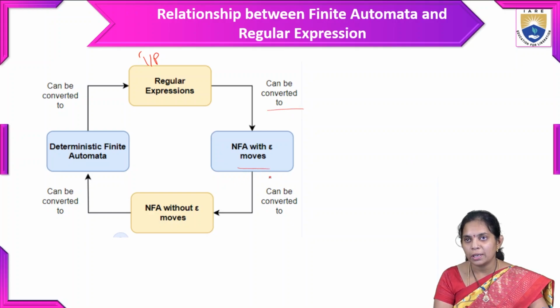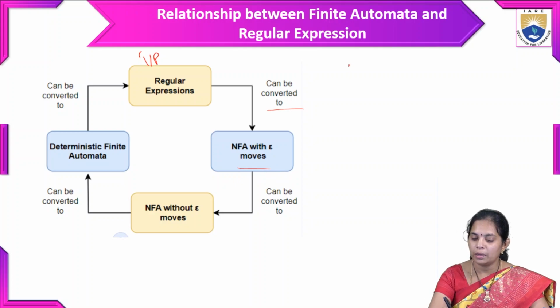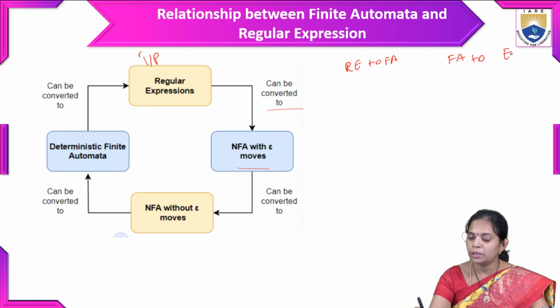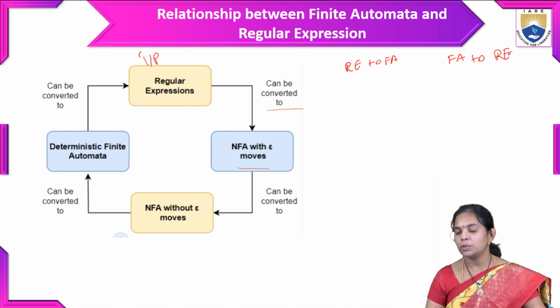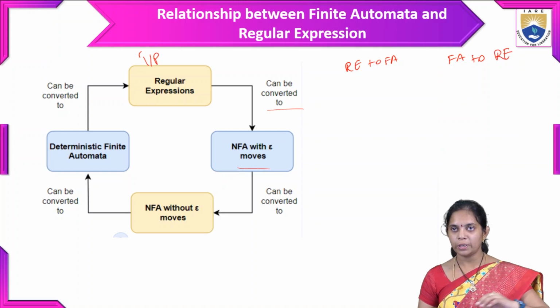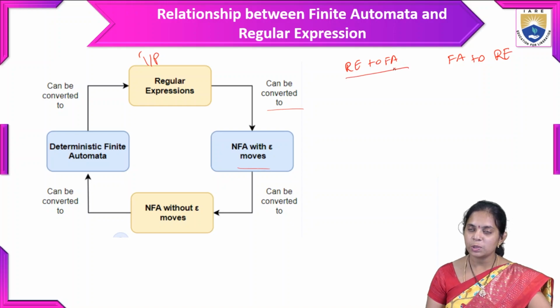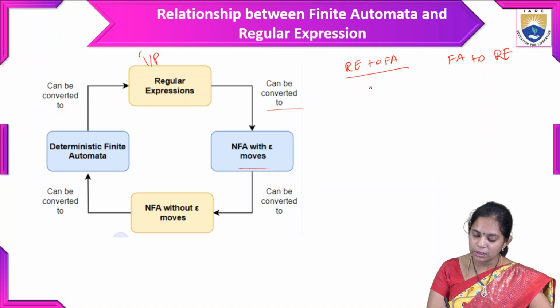So here I will divide these into two parts: regular expression to finite automata, and finite automata to regular expression. So here we have two types, so that we can convert one form to another form. In the regular expression form, the input is a regular expression and FA is nothing but finite automata.